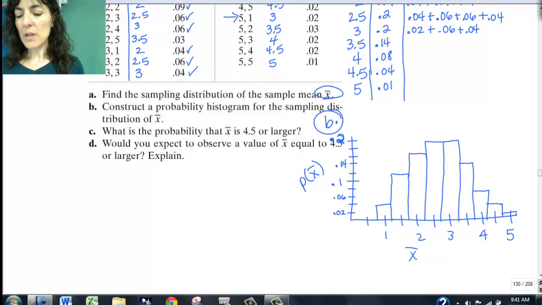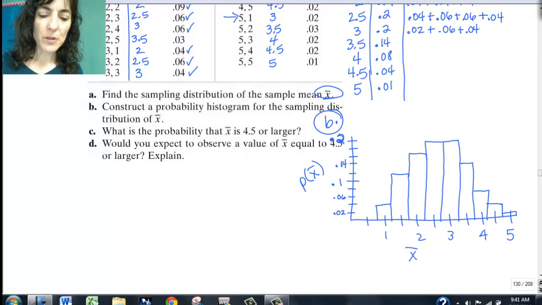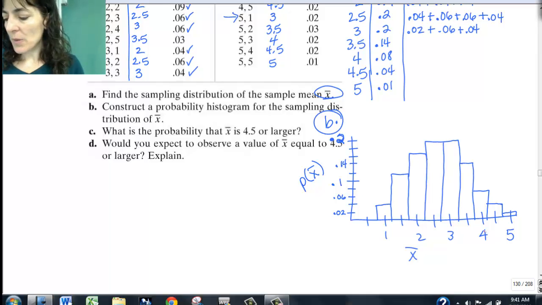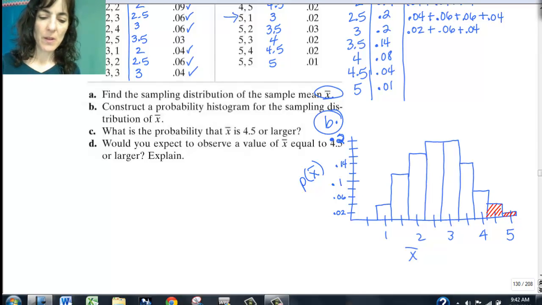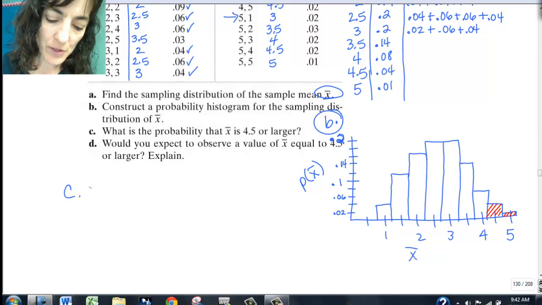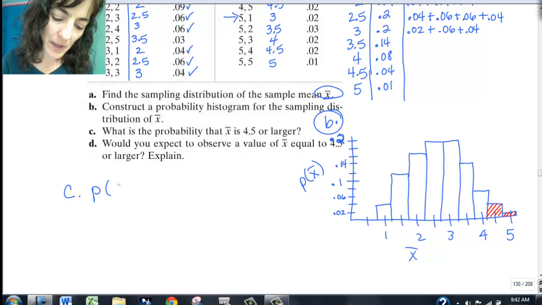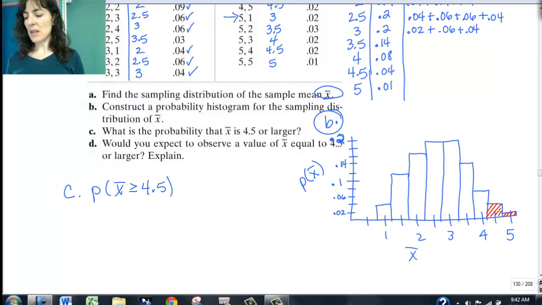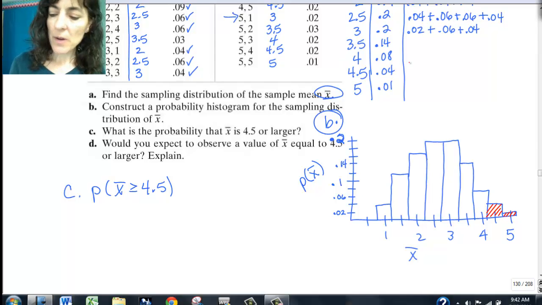And then what is the probability that x bar is 4.5 or larger? So I can look at my graph, and 4.5 is going to be this block and the final block. So C, probability that x bar is greater than or equal to 4.5. I don't have to use anything except for the numbers I already came up with, and I'll show you why right here.